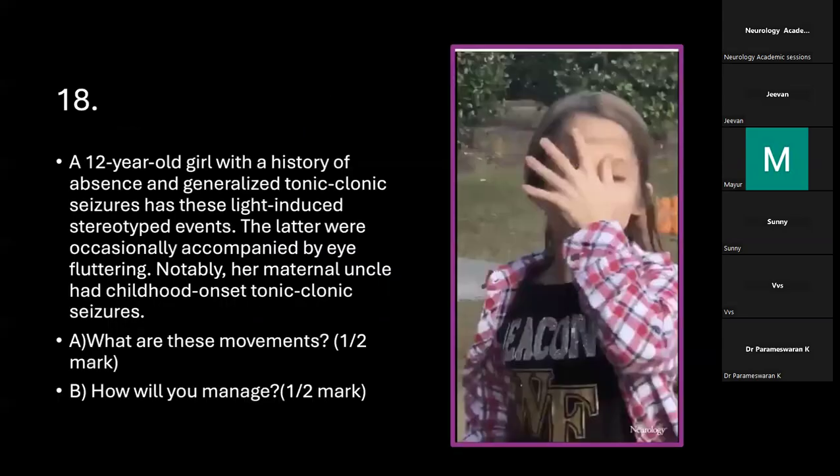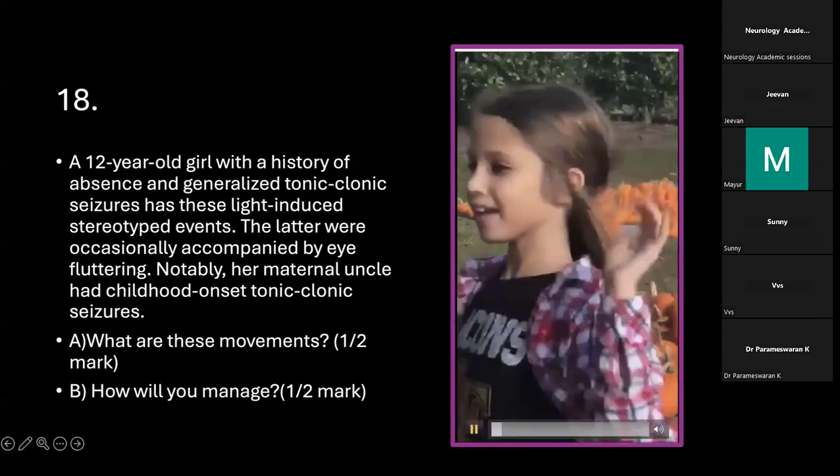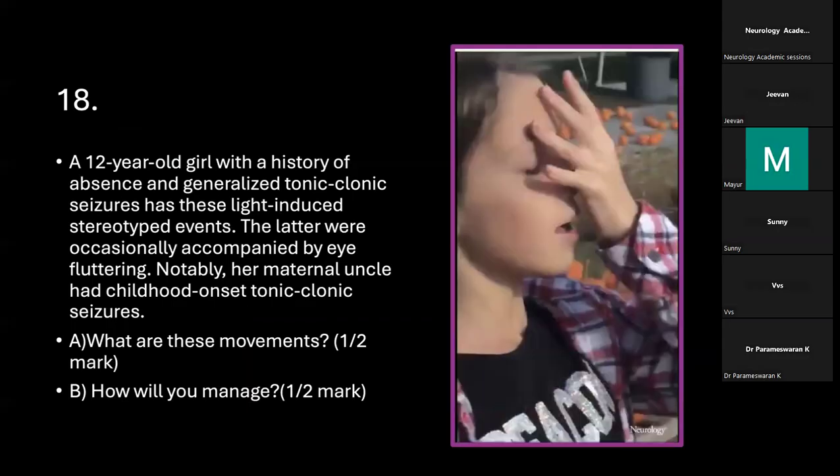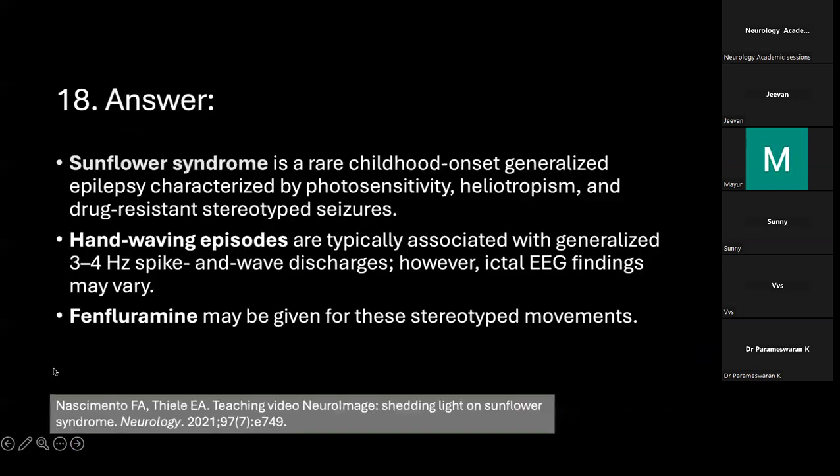Then question number 18 was of a 12-year-old child with absences and GTCS who has these stereotyped movements on exposure to sunlight. What are these movements and how to manage? There is a rare childhood onset generalized epilepsy characterized by photosensitivity and heliotropism, as shown.